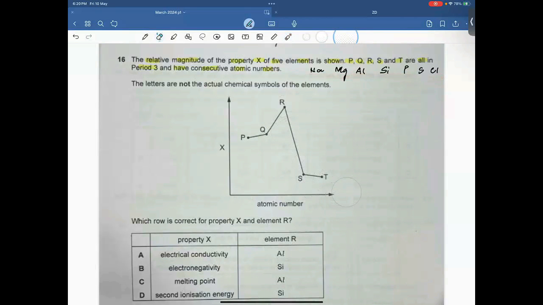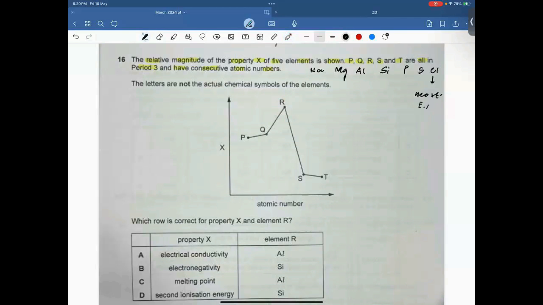Okay. So R has the highest physical property. Chlorine is the most electronegative element in period 3.